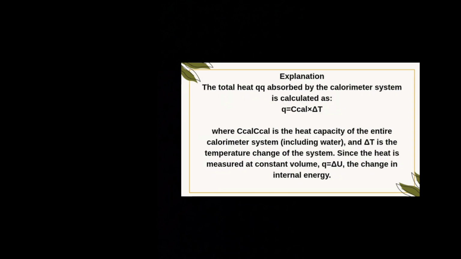The total heat Q absorbed by the calorimeter system is calculated as Q = Ccal ΔT, where Ccal is the heat capacity of the entire calorimeter system, including water, and ΔT is the temperature change of the system. Since the heat is measured at constant volume, Q equals ΔU, the change in internal energy.